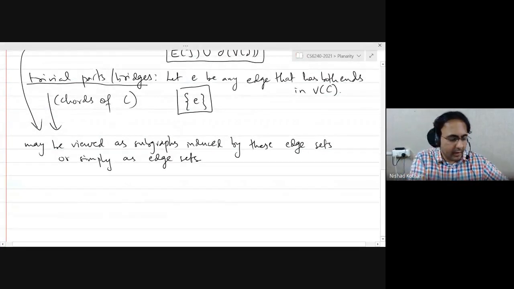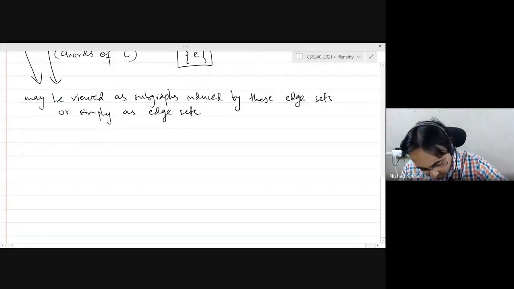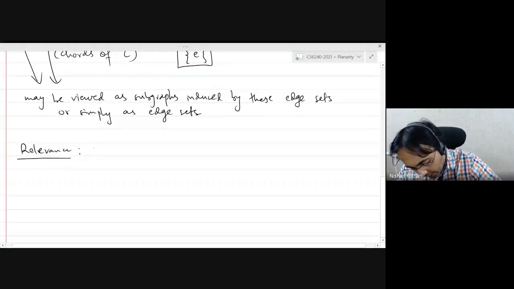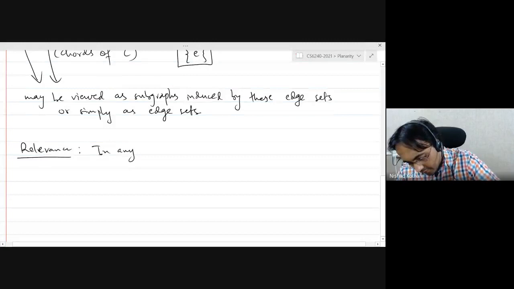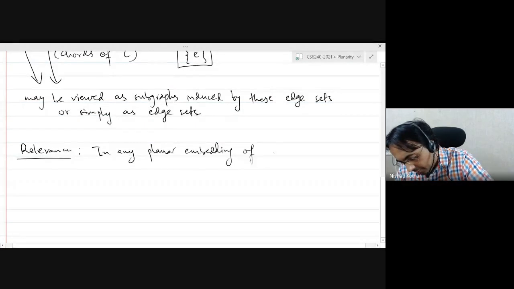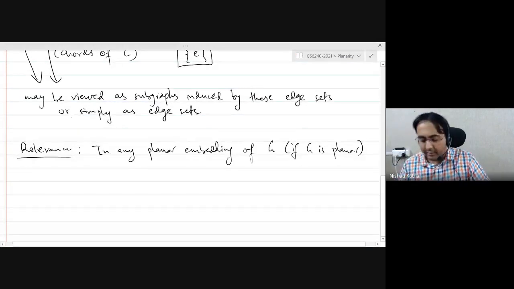Okay? And just to make it clear, what is the relevance of bridges? In any planar embedding of G, if G is planar. Of course, we did not use that in the definition. We did not require that for the definition.